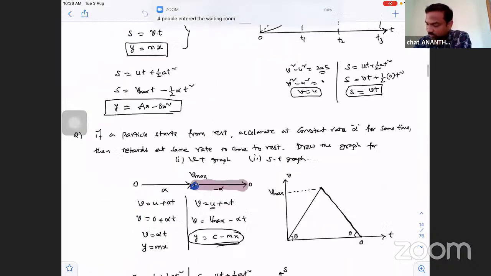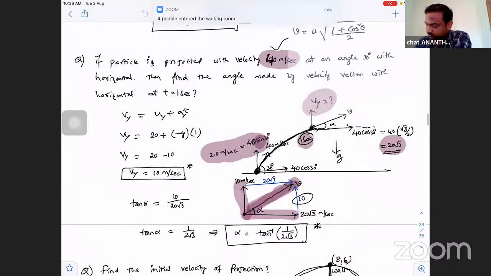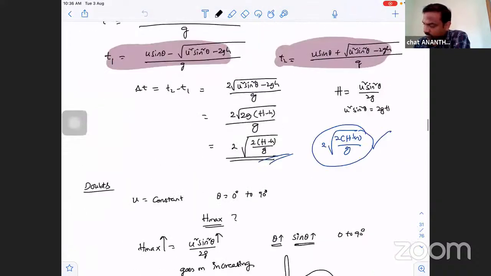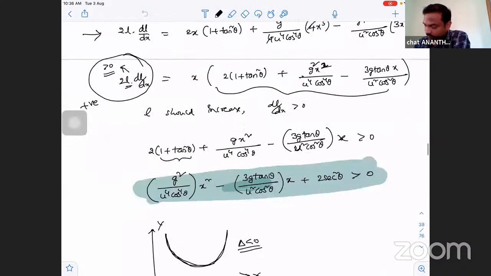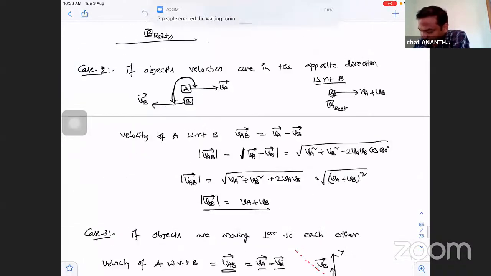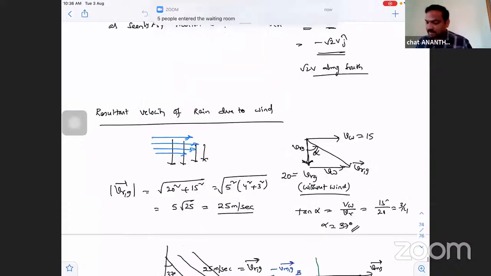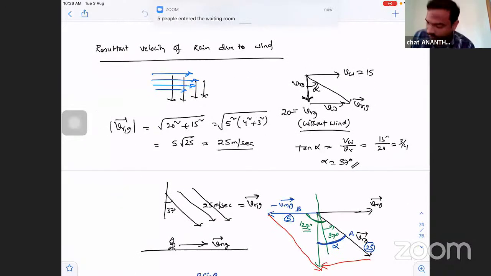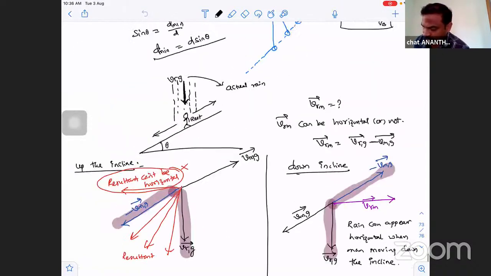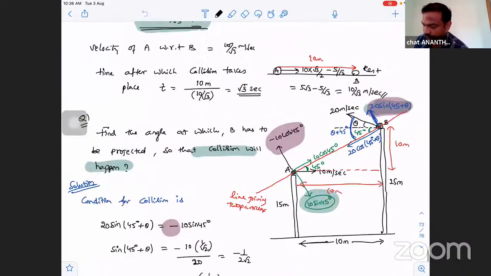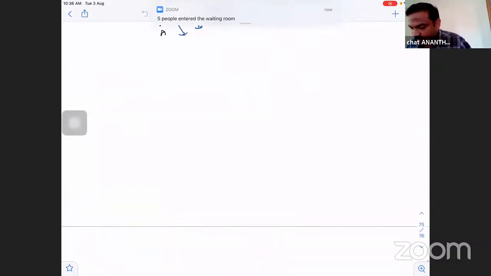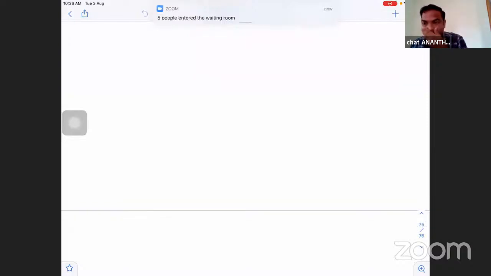This is your entire kinematics notes. Projection on inclined plane. We discussed even the condition for collision also.